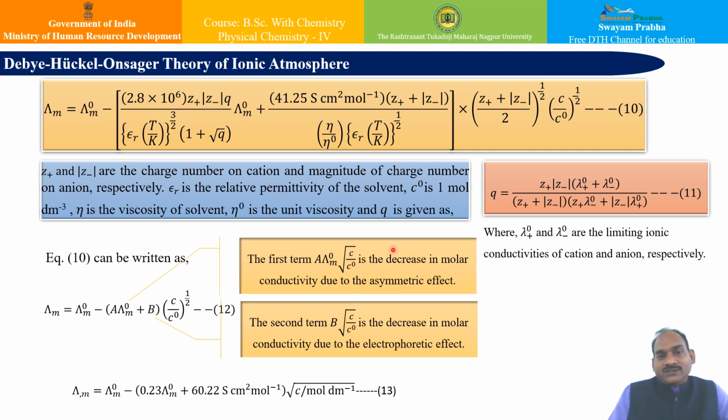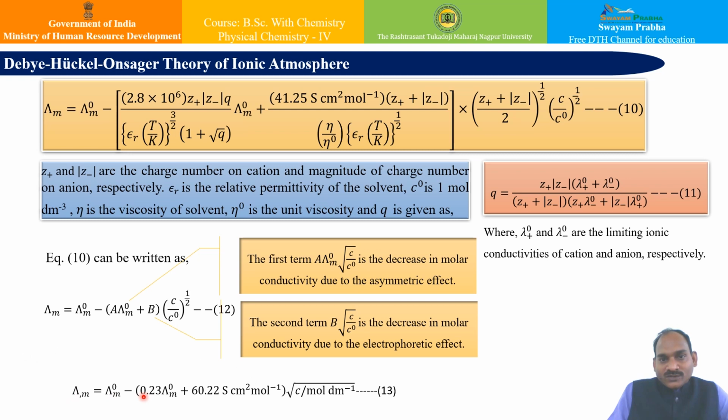If I consider a special case of a 1:1 univalent electrolyte in water at 25 degrees centigrade, for which Z plus and Z minus are equal to 1, with permittivity equal to 80 and viscosity equal to 0.0089 poise, equation number 10 reduces to the standard expression, equation number 13.